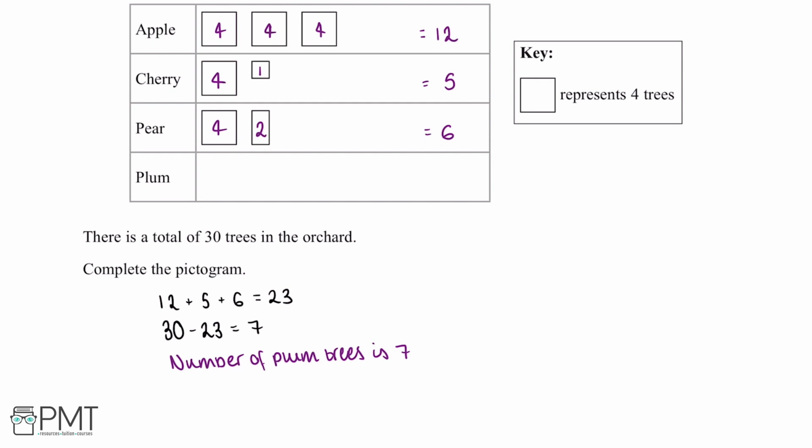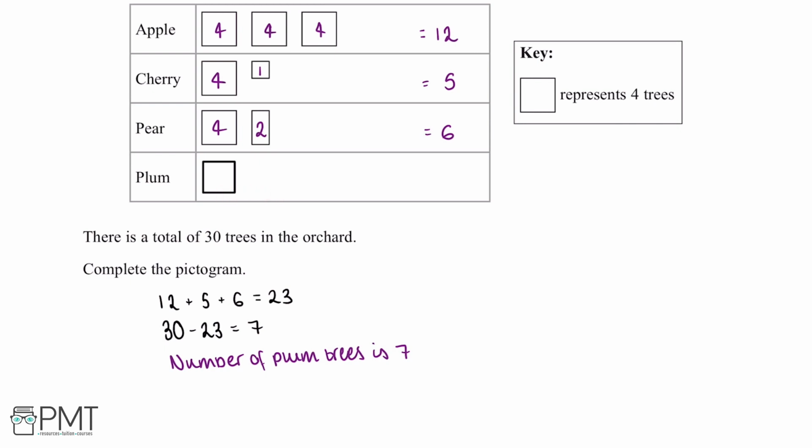So now we can start filling this into the pictogram. So if one larger square represents 4 trees, and 7 is greater than 4, then to start off, we can add one of the larger squares into the plum row. And if this represents 4 trees, and we want to represent 7 trees in total, then this means we have a remaining 3 trees to represent in this row.